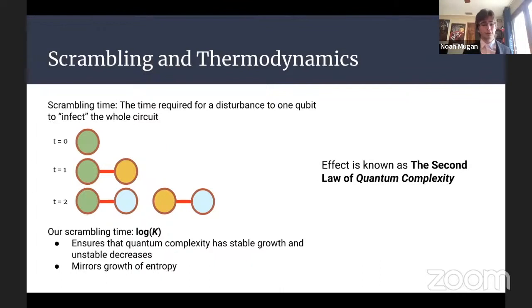In a random quantum circuit, after one time step, that qubit will interact with one other qubit. After two time steps, both those qubits will interact with other qubits, and this disturbance will propagate throughout the circuit. The scrambling time, or the time required for that disturbance to reach all qubits, is logarithmic in k, meaning that random quantum circuits are fast scrambling.